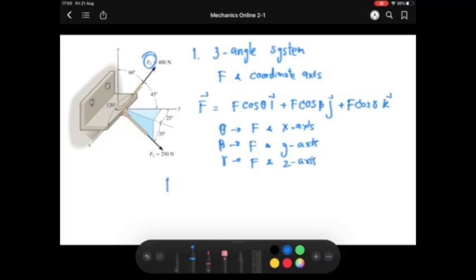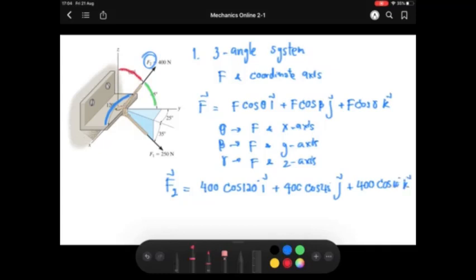So for F2 here, we can write that it is 400 newtons, the magnitude of F, and this is the angle between F and the x-axis, so it is cos 120 i, plus 400, and right now we have 45, cos 45 j, and then 400 cos 60, because this is the angle between F and the z-axis.